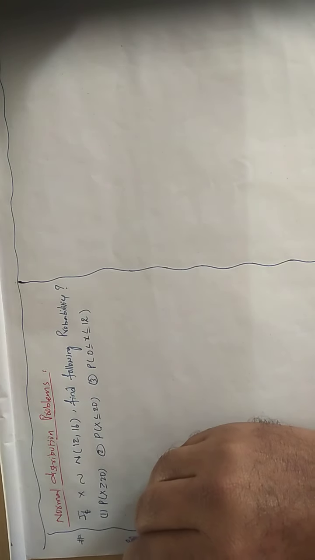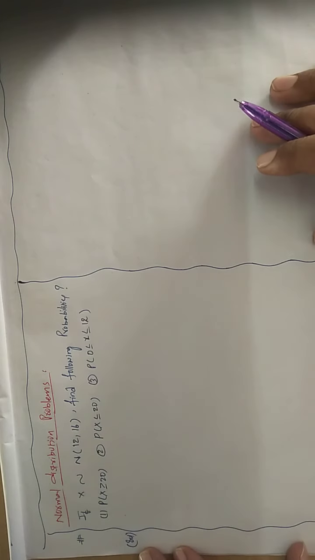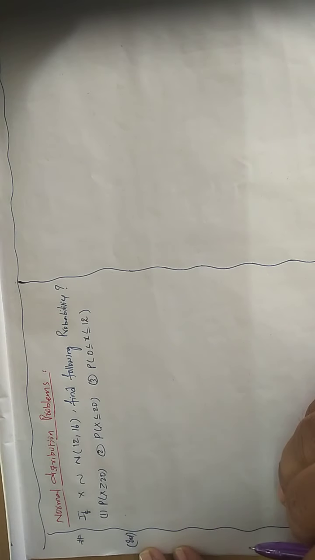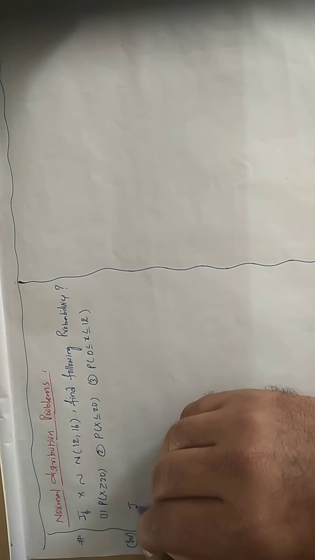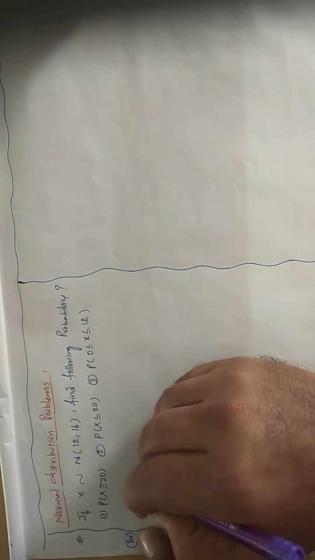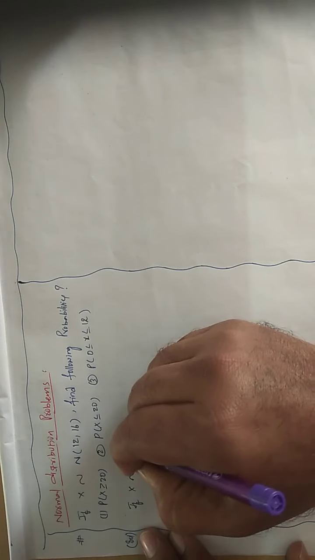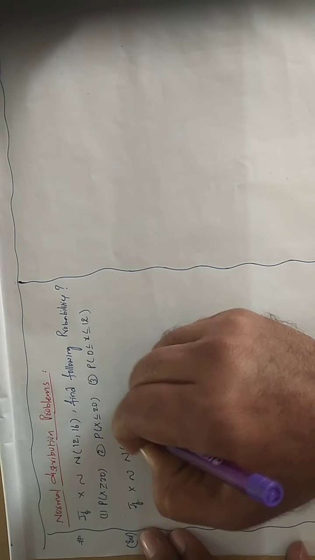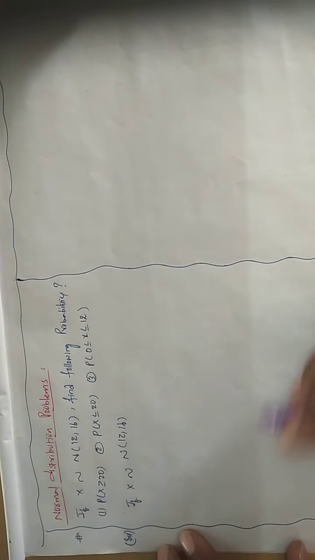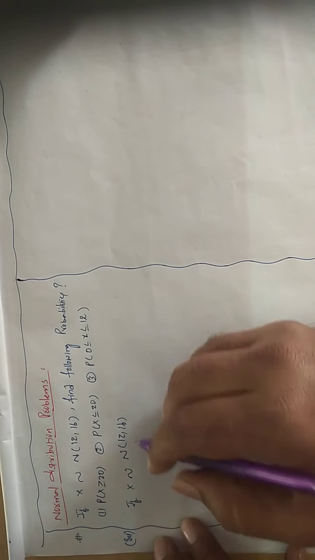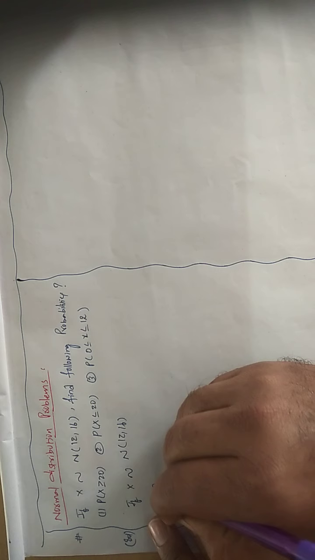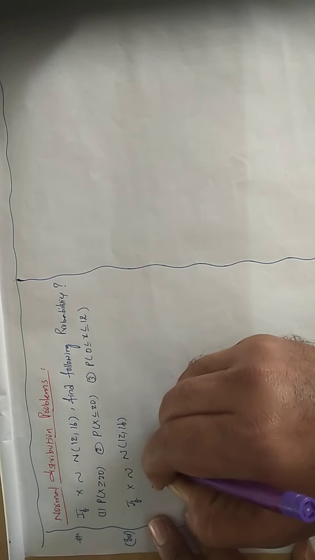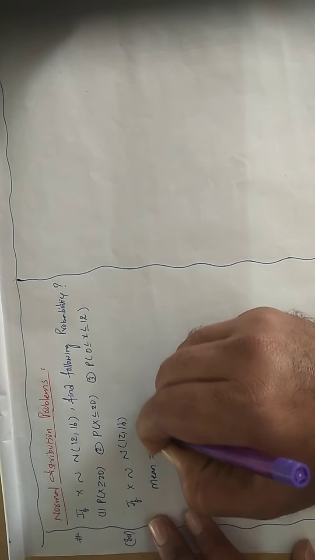Before that, actually what is given to you, as you know through the discussion, if x follows normal 12 comma 16, that indicates that they already provided the information, that is the mean. Here how do we denote it by means of a special symbol?